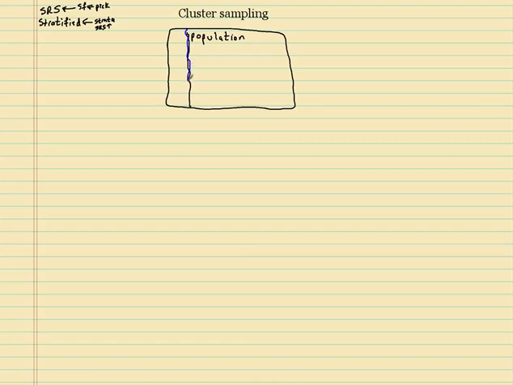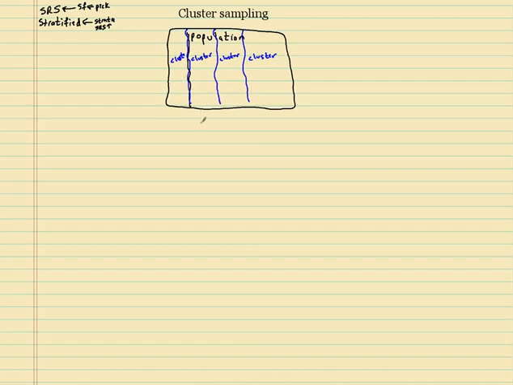So what happens here is I'm going to split these people up. Okay, so I'll call this a cluster. And you have to be real careful because you only can use this in one case. Okay, so you have this population, and we're going to split this population into clusters.